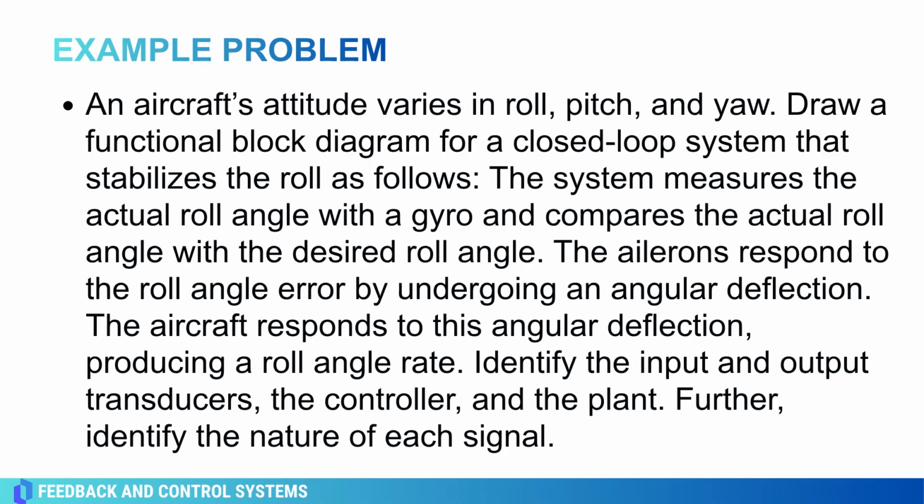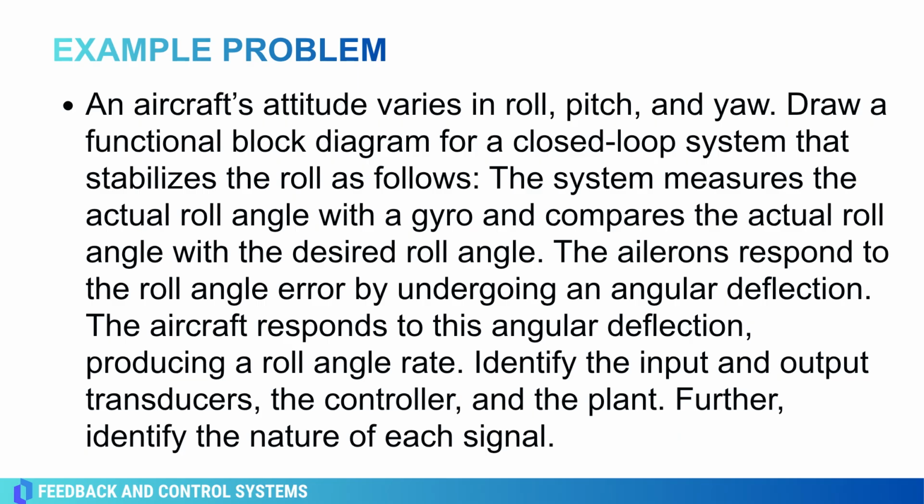The ailerons respond to the roll angle error by undergoing an angular deflection. The aircraft responds to this angular deflection, producing a roll angle rate. For the task, identify the input and output transducers, the controller, and the plant. Further, identify the nature of each signal.